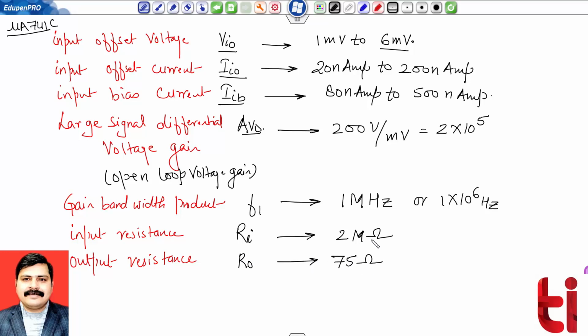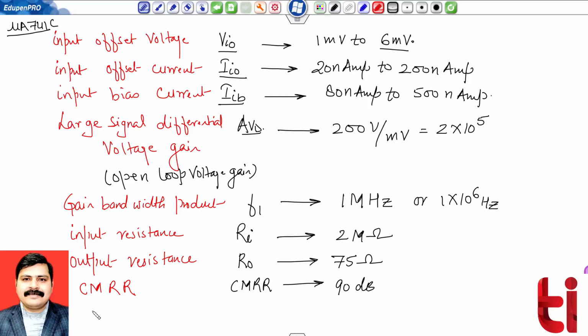If you can recall, we have discussed two more components, CMRR, the common mode rejection ratio, which for IC μA741C is 90 decibel.